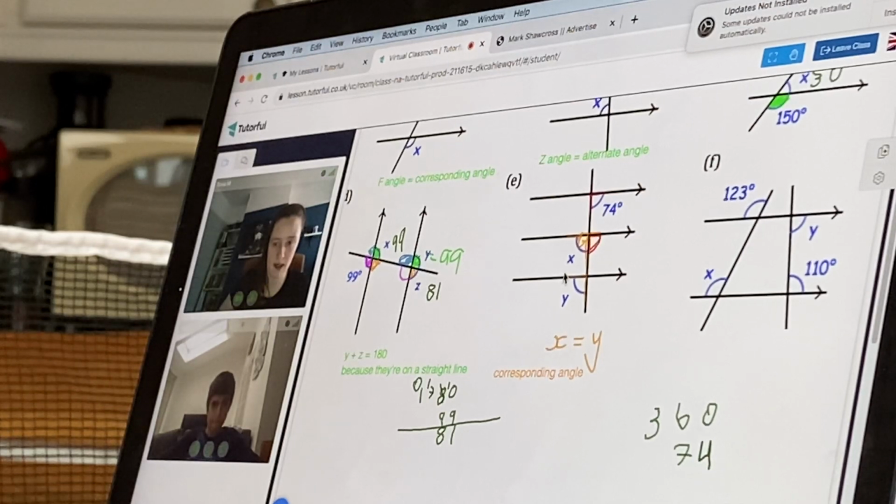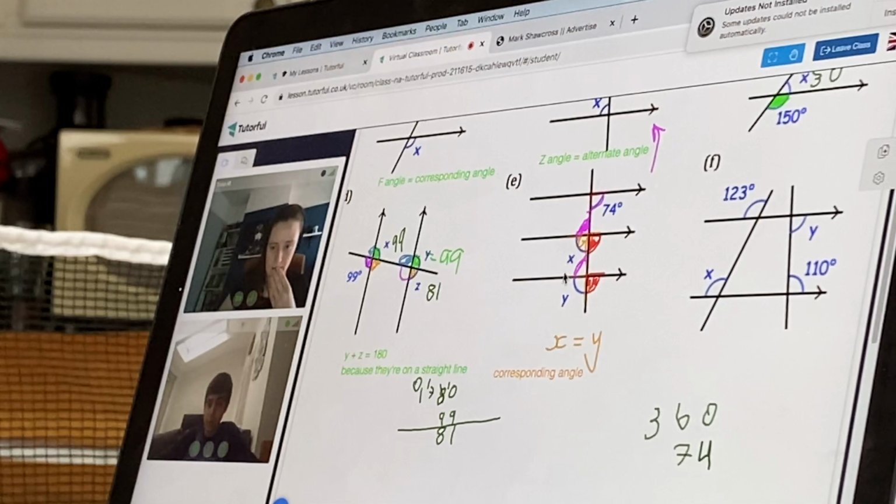Because it's underneath the parallel line and on the right-hand side. And it also corresponds to this angle. 74 is alternate, so the Z angle is alternate to this one and this one, which makes sense because we know that opposite angles are equal. Do you see that?